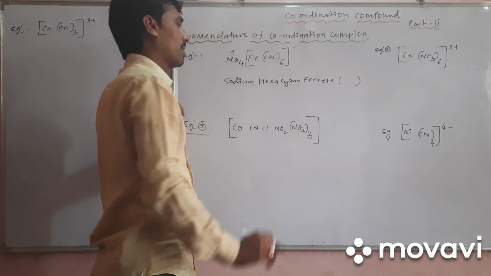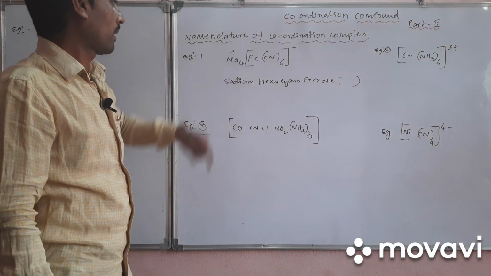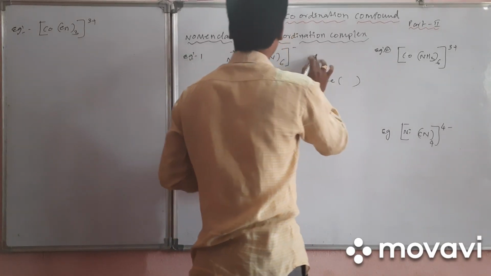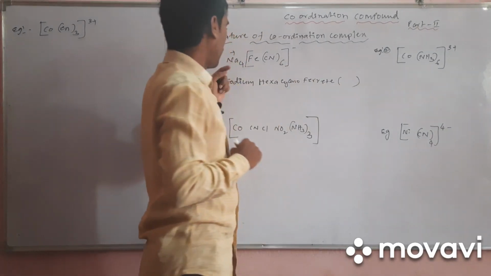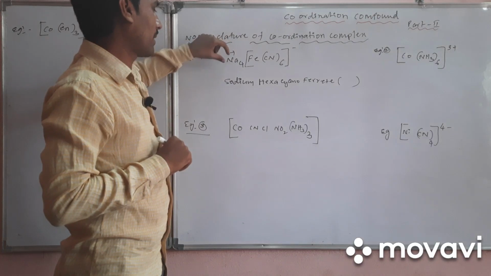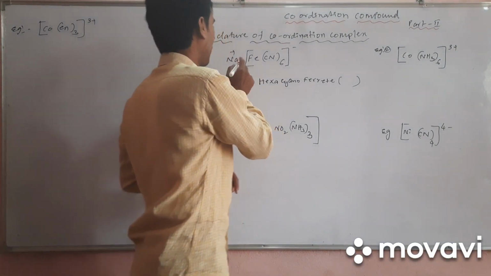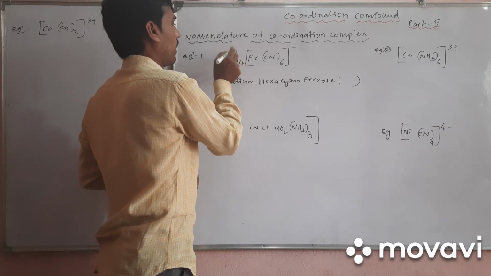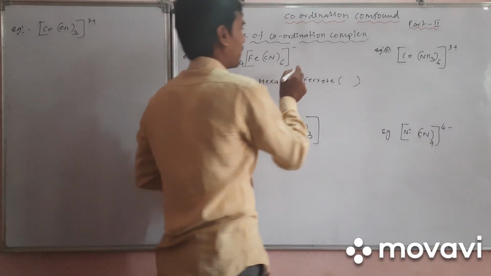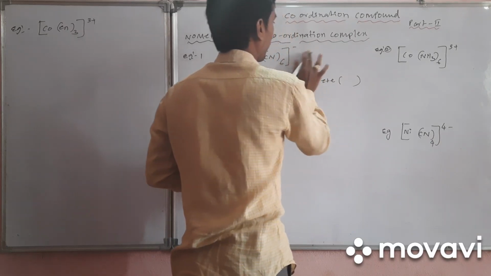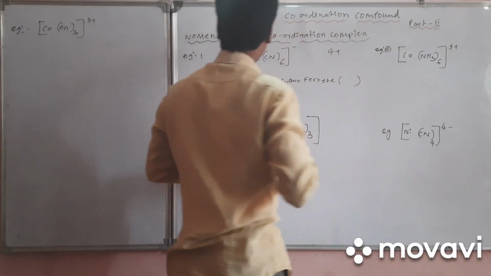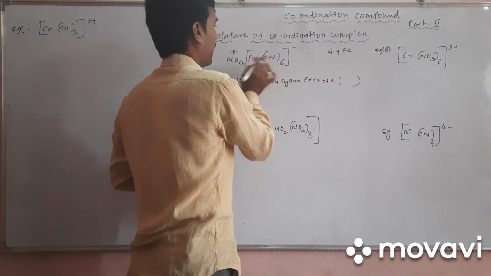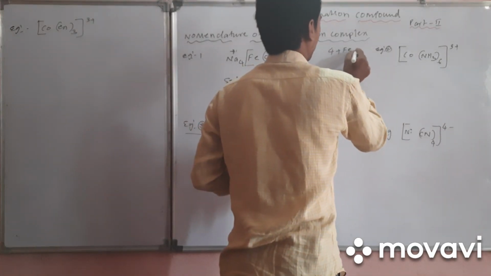How to calculate the oxidation number of this iron atom? Let us see the calculation. How many positive ions are there? Four positive ions. Sodium's oxidation number is +1, and with 4 ions we use 4 plus. Next Fe, the central atom, then 6 ligands.